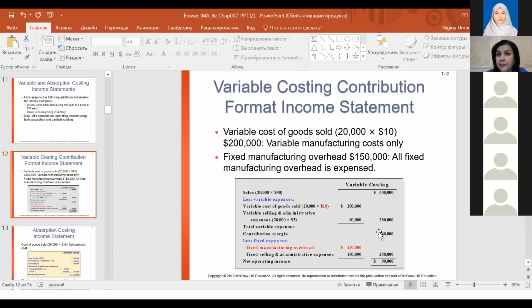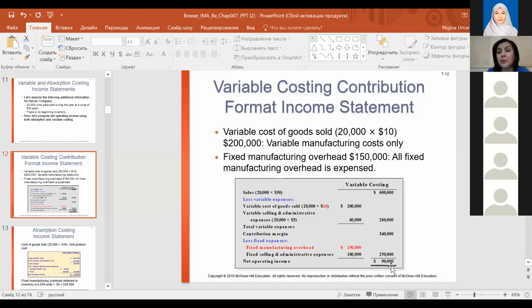So the company must generate a contribution margin enough to fully cover all fixed expenses, manufacturing and fixed selling, to be truly profitable. If the company is able to generate a contribution margin which covers all fixed costs and receive some net operating income, it actually shows that the company is truly profitable.